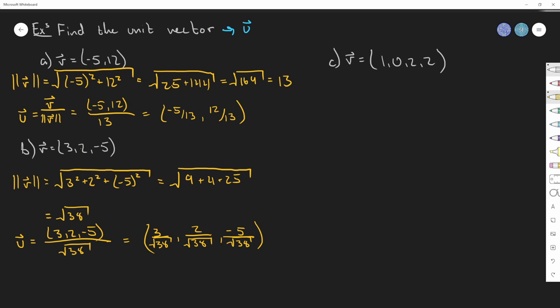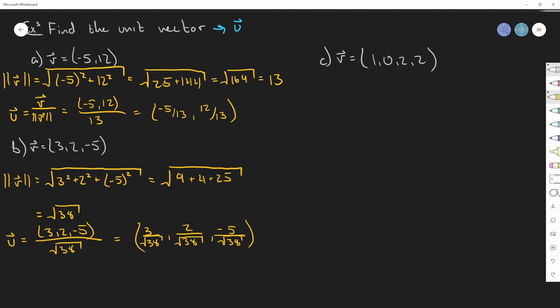So that is our answer. You can simplify this a little bit more by moving the square root of 38 to the top. So you just multiply each thing by square root of 38 over square root of 38. But you know, this will do.